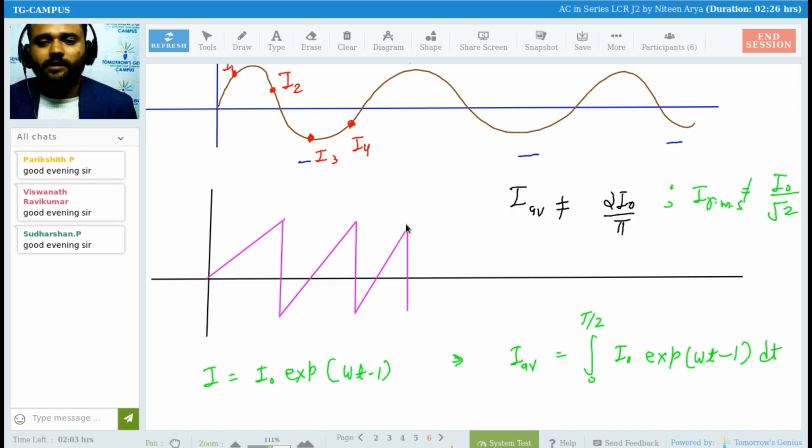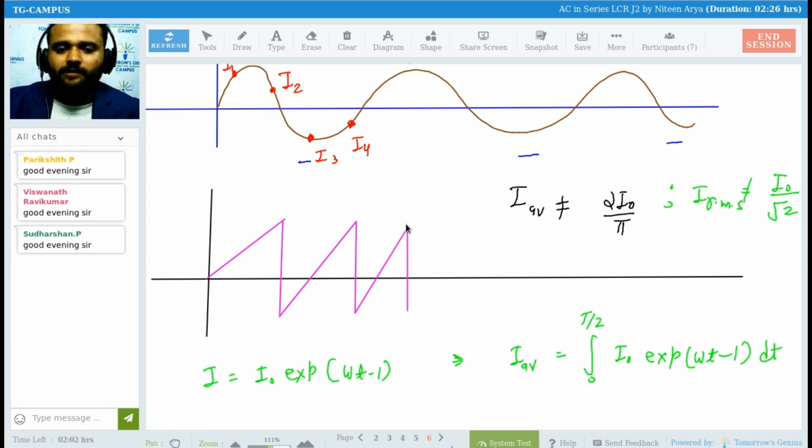The general equation, the initial equation for alternating EMF or alternating current, is going to be chosen as per the given format or representation. In the previous class, I told you, I think 4 or 5, 6 maybe, right? Sinusoidal, triangular, square, sawtooth.